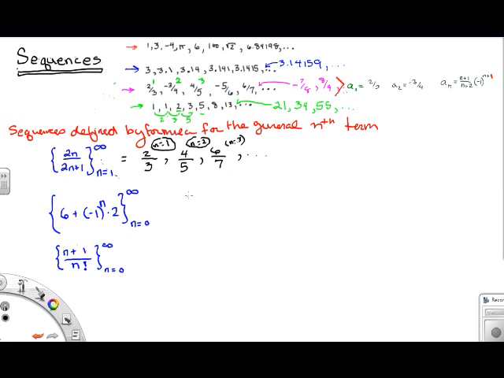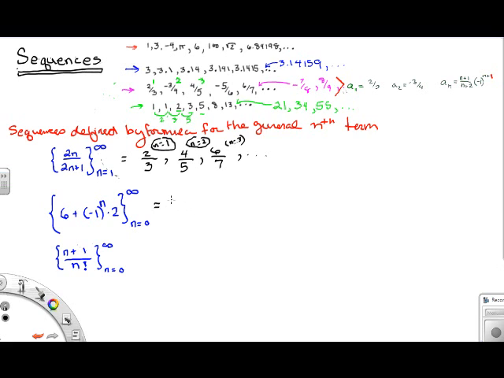Okay. Now this one, let's do this. Notice in this one I start with 0 rather than 1. You really can start at any integer that you want, as long as the formula is defined for that particular integer. So if I plug in n equals 0 here, I'm going to get 6. Well, negative 1 to the 0 is going to be what?